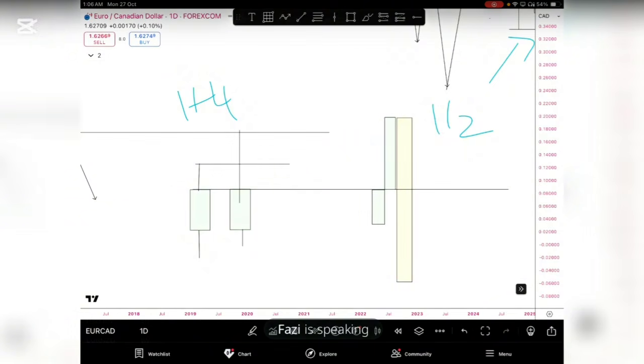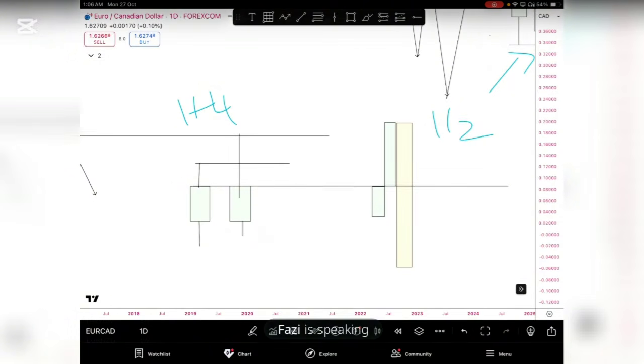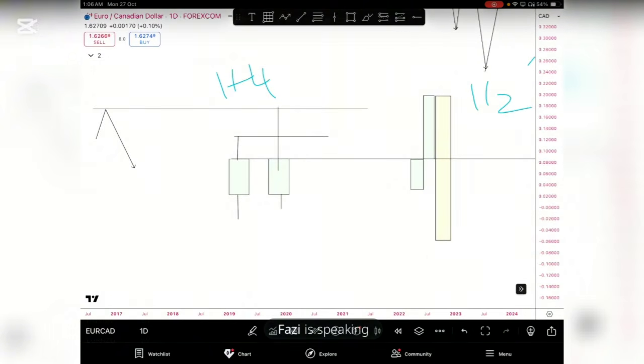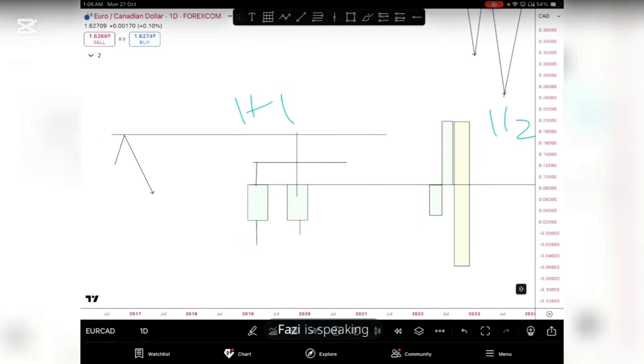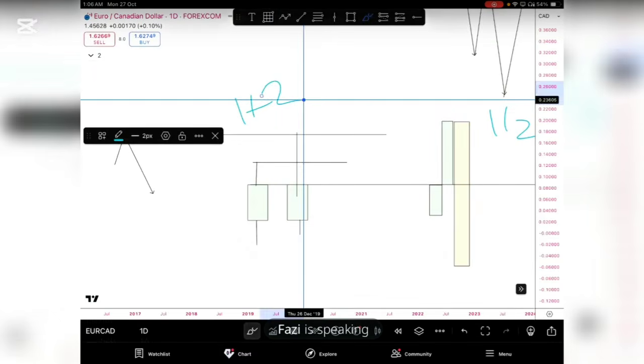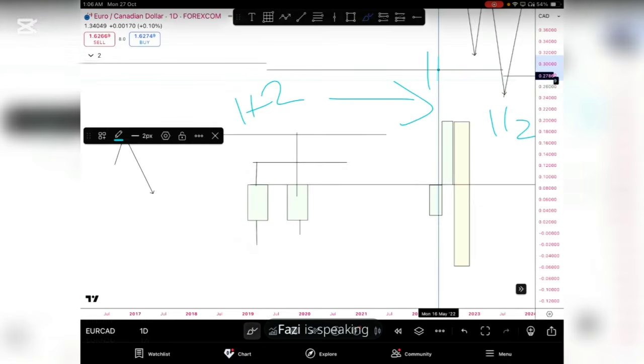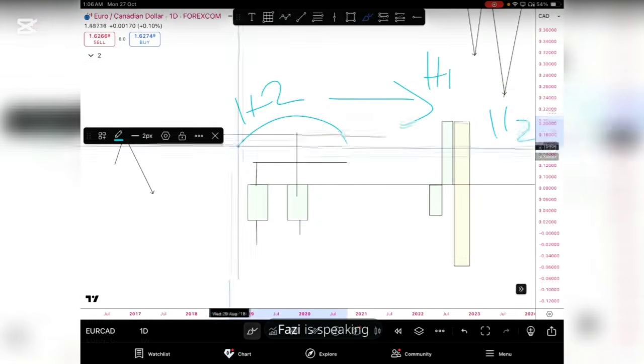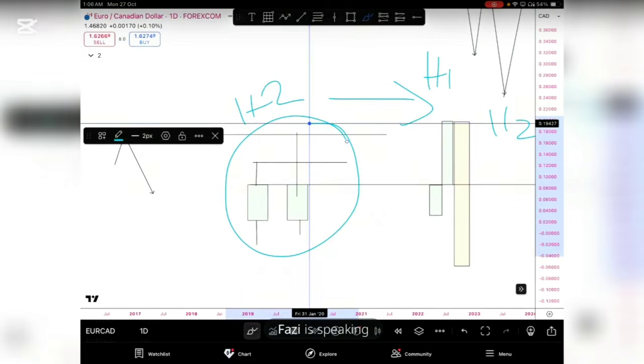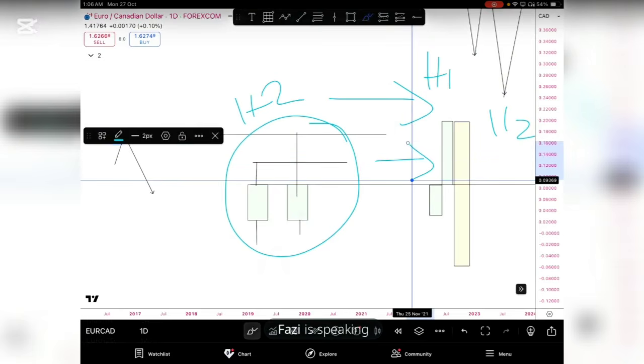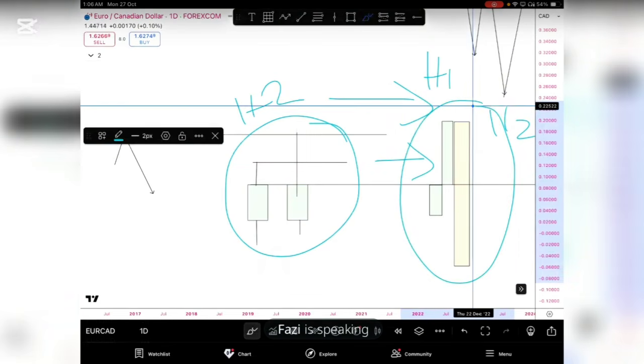Understand? So when you see this H4 A-type engulfing entry, go for H2. When you are seeing this on H2, then go for H1. See those levels, mark this A-shaped key level, go for H1, and see that H1 looks like this. If H1 looks like this, then you can confirm that these two time frames, H2 and H1, are aligned with each other.